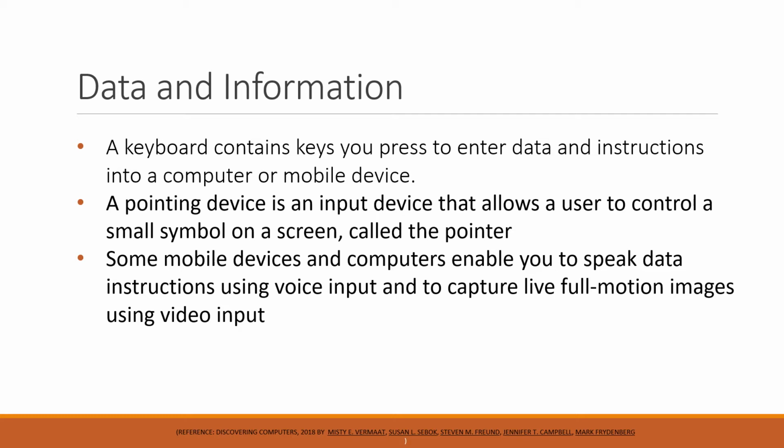This is an input device which allows a user to control a small symbol on a screen, which we call a pointer. And some mobile devices are also known as or tagged as computers, and it enables you to speak data instructions using voice input and can capture live full motion images using video input.